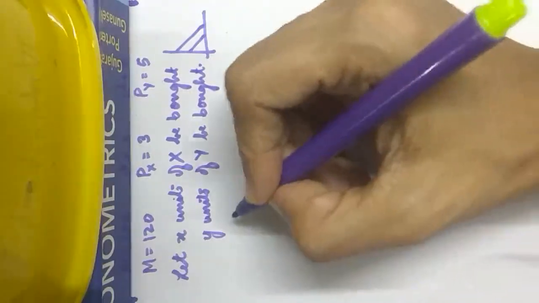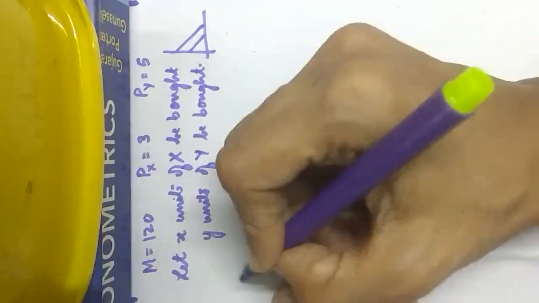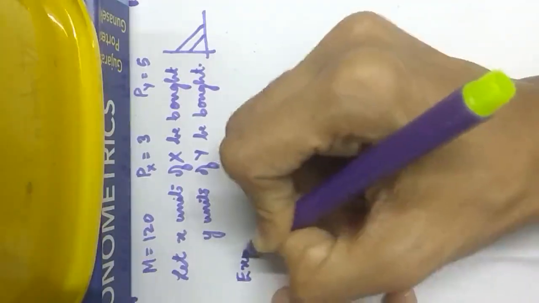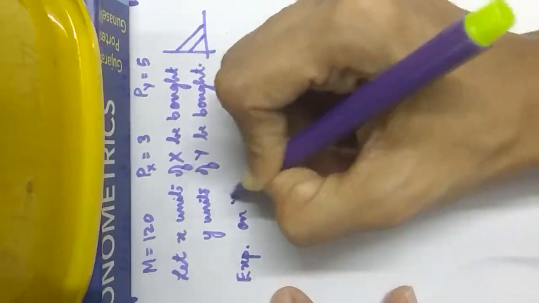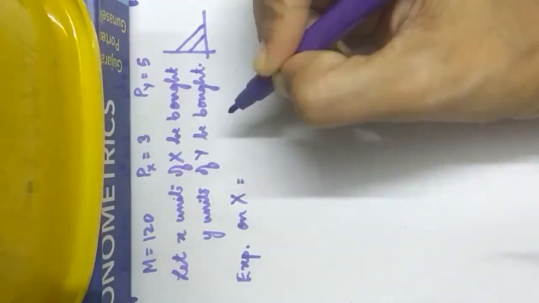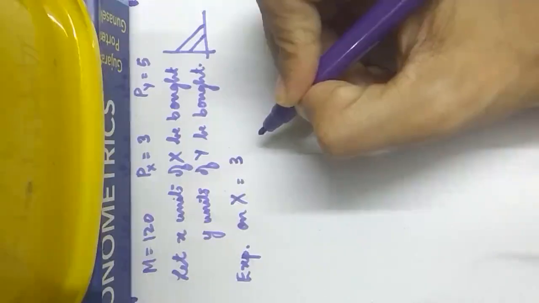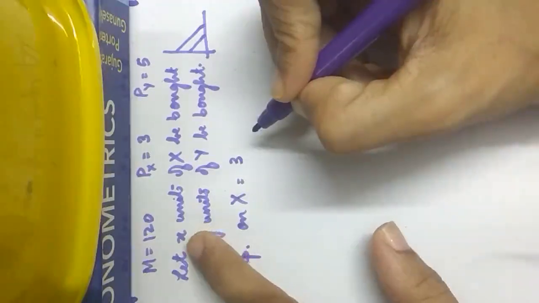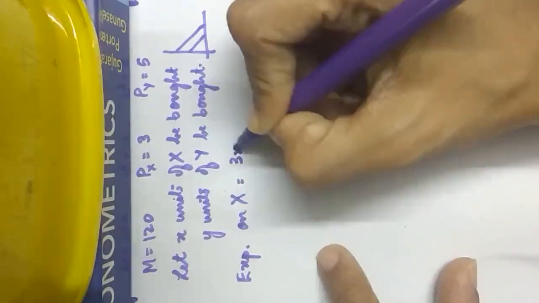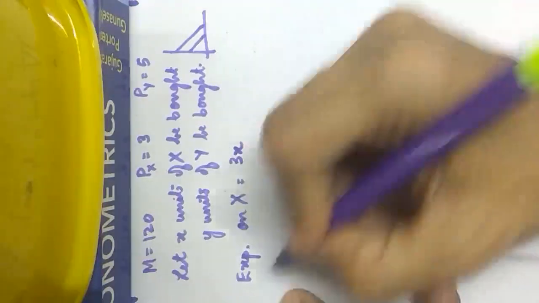Okay, right? So now if I'm buying 1 unit of X, let's see what is the total expenditure on good X. If I'm buying 1 unit of X, I will pay the $3. But since I'm buying X units, my total expenditure on X will be 3 times X.